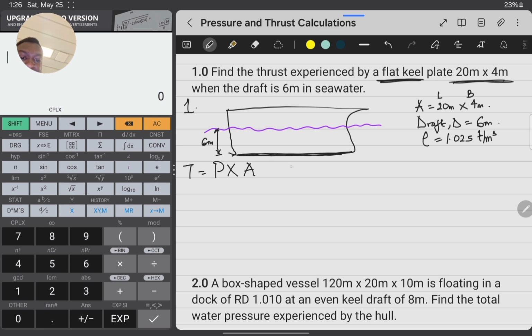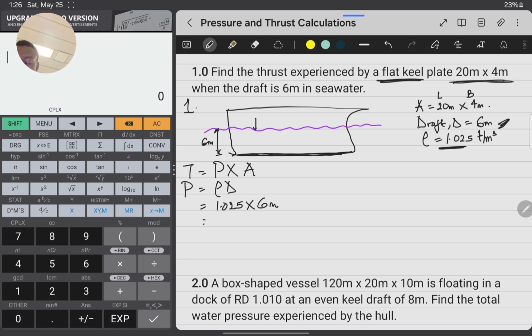Now we know that pressure is density times the depth. So the density of water is 1.025 times the depth, which is the draft from the water surface, 6 meters.